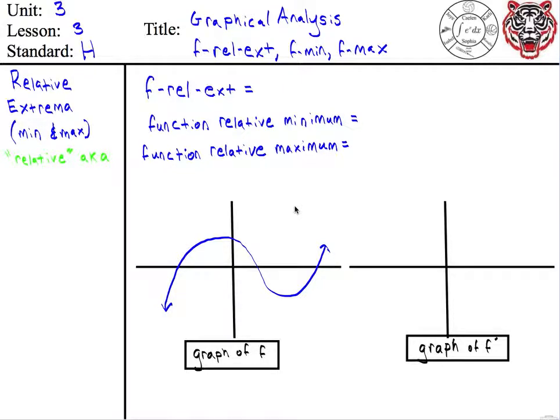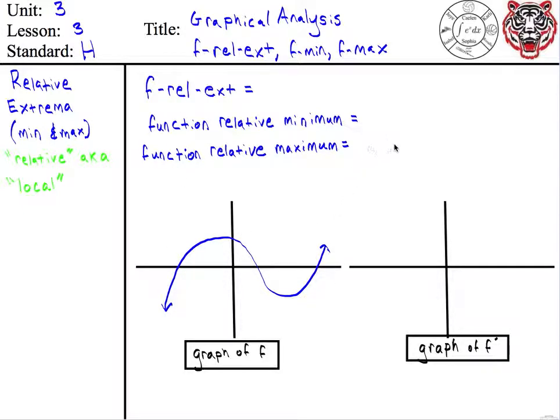Now we're looking at when F prime is 0, which gives us these relative extrema. Another way of saying relative is local. Relative equals local. When I say local, I mean just within a certain area, not for the entire graph.